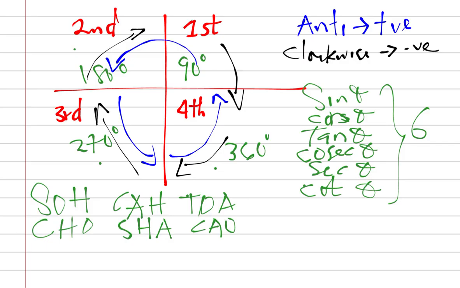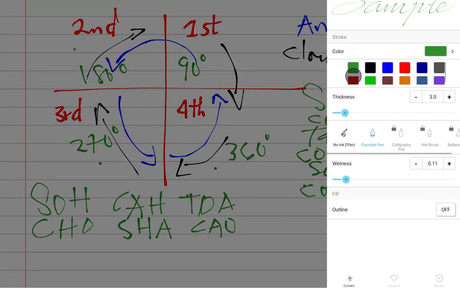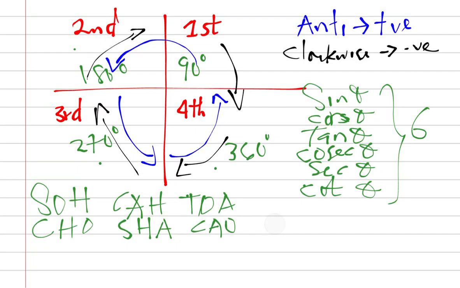Note that this SOHCAHTOA is the original sine angle that we all know. These 3 are the ones that we are familiar with. But these remaining 3 are the inverse of the previous 3.